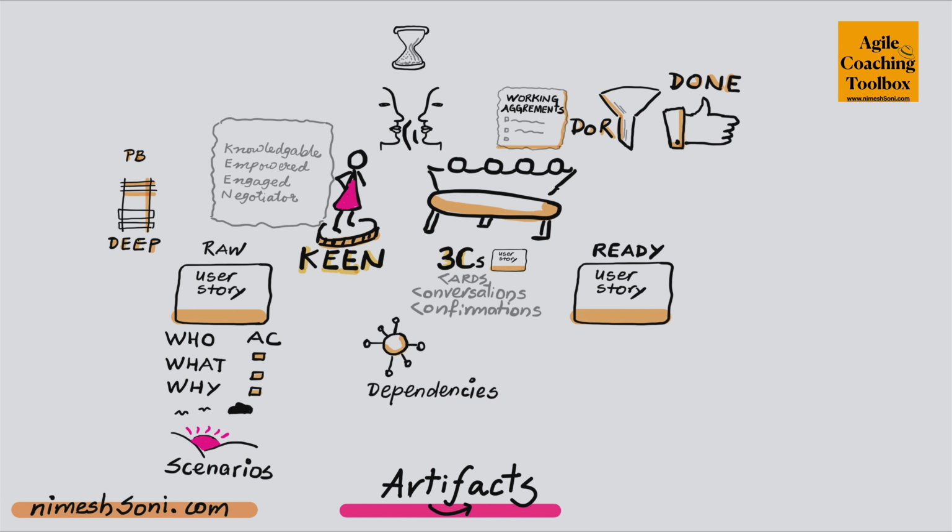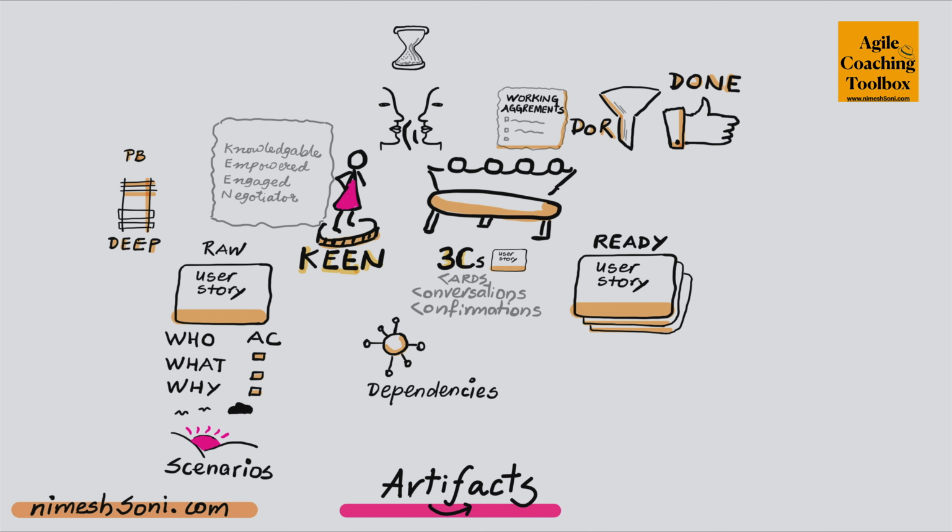I would also expect the dependency wheel somewhere in this room. So this is where we will be capturing the dependencies as we come across those dependencies in the conversation. Along with the story, along with the who, what, why, the acceptance criteria, the scenarios, I would be looking to capture these dependencies. Now, we are not looking for just one ready story.